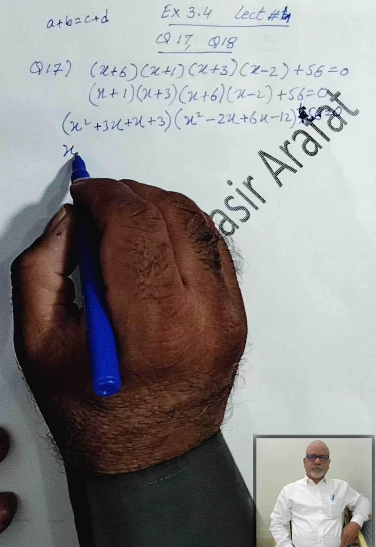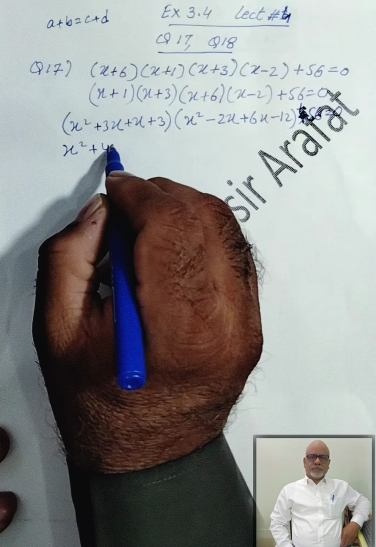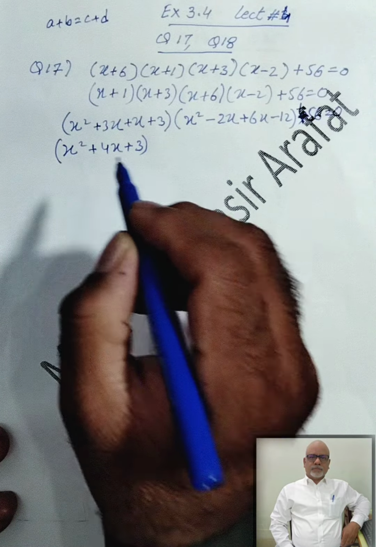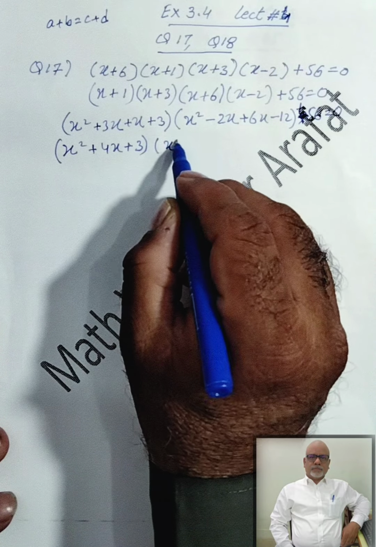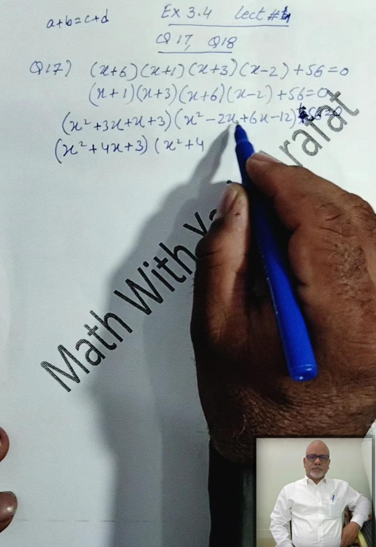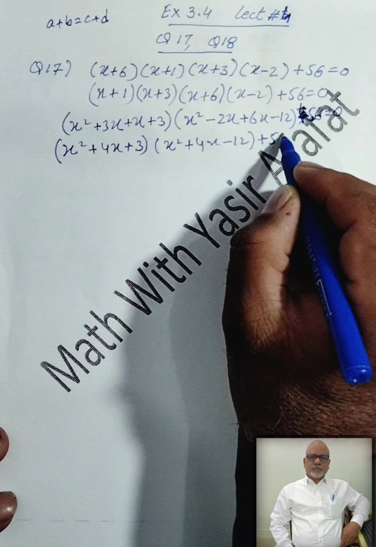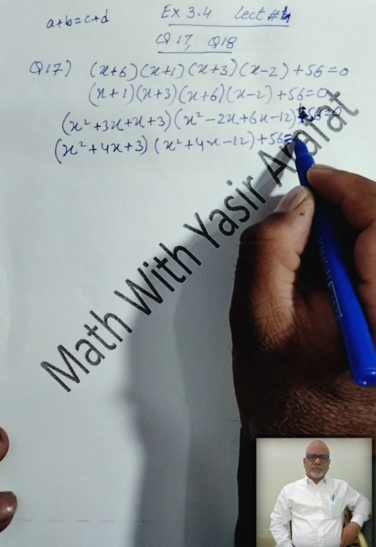Now x square plus 4x plus 3, and this is x square plus 4x minus 12 plus 56 equal to 0.